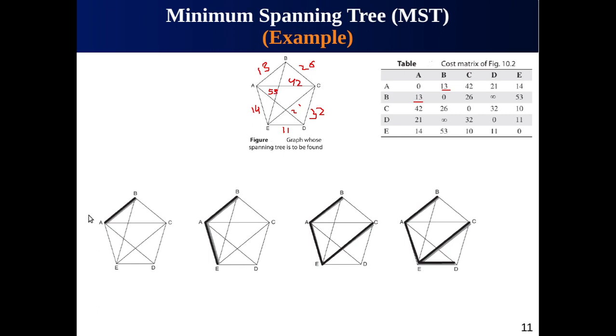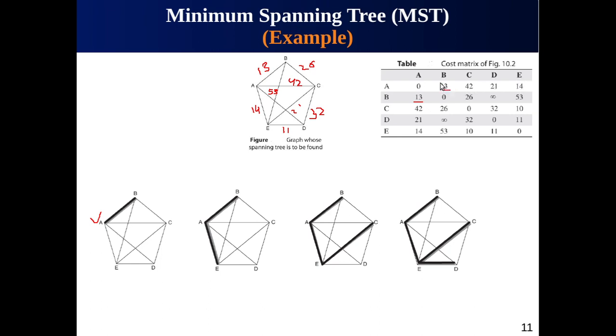For example, our source node is A. And then from here, we have to find the distance to all the adjacent, not all the adjacent, but the more feasible, the link with less cost. So from A, you can move to B, C, D, and also E. Let's see here. From A, the cost to B is 13, to C 42, to D is 21, to E is 14.